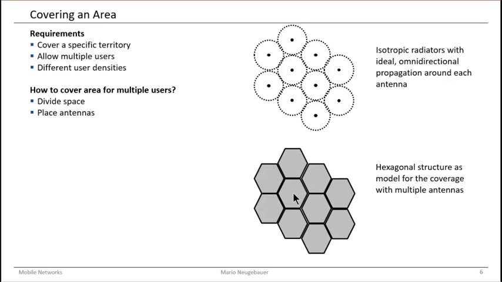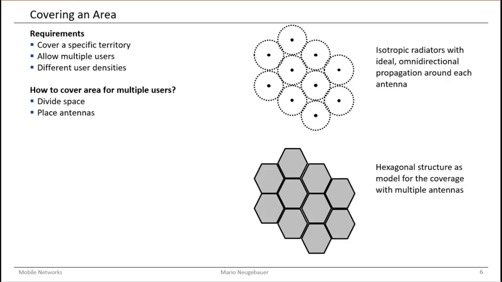If we place the antennas in the same structure as these isotropic radiators, then such a hexagonal structure is formed. And this is actually our model for placing multiple antennas in an area which we have to cover as the mobile operator. But now the advantage in our ideal world is that we just need to cover the entire area with such a structure.